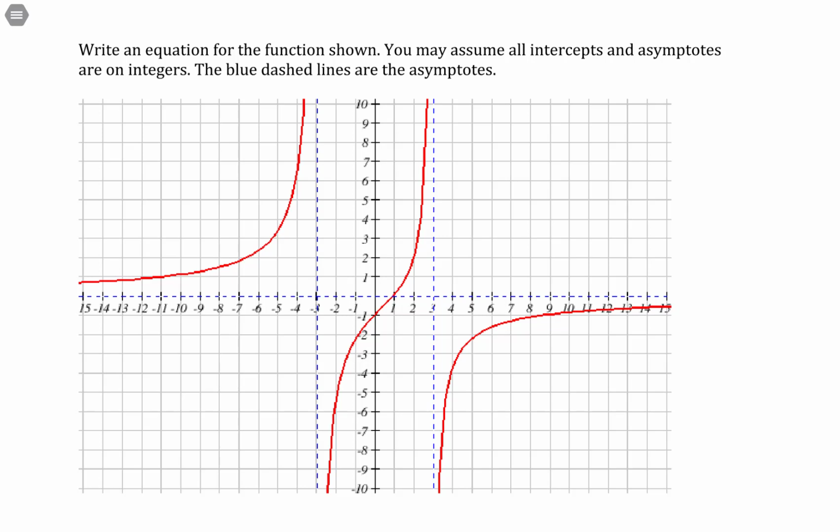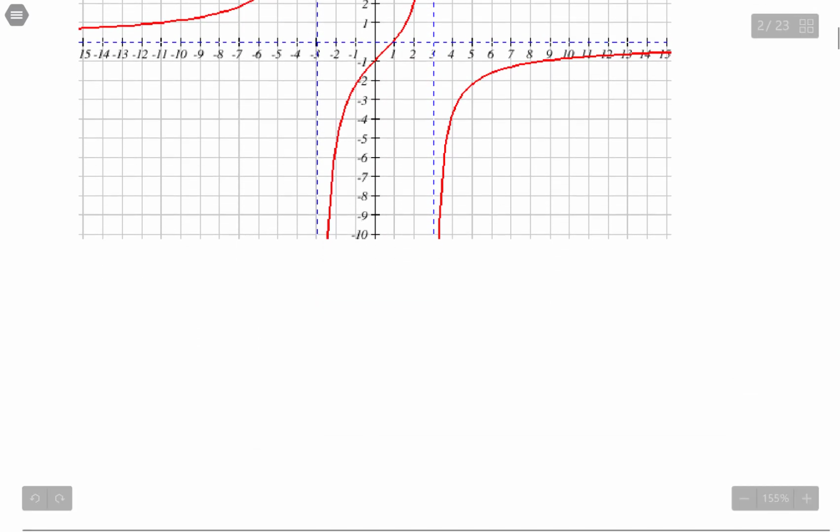So the different things that are important when it comes to rational functions, and I know this is going to be a rational function because of these vertical asymptotes. That's the only type of function that we've seen so far that has vertical asymptotes. So we'll assume it's rational. Now, rational functions have some important things that we need to look out for.